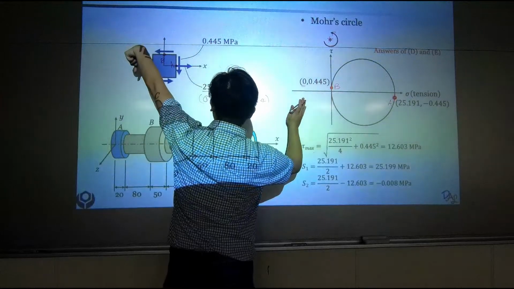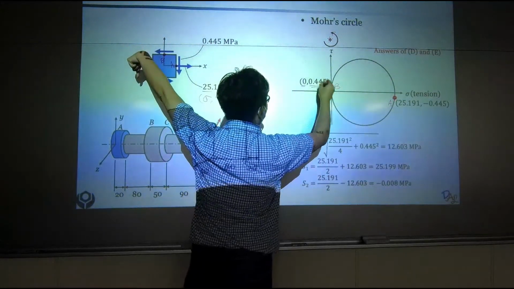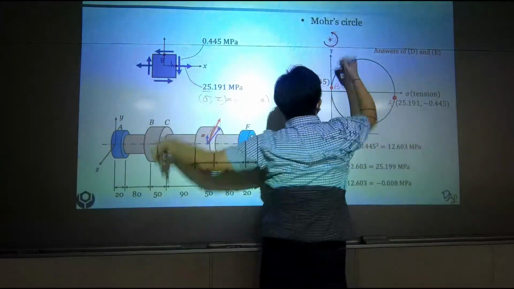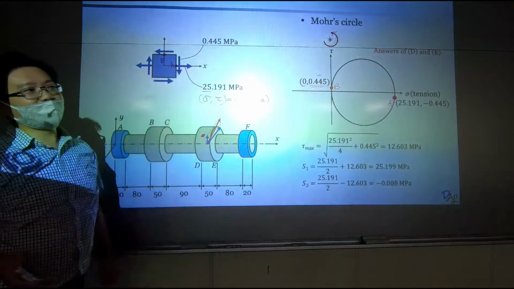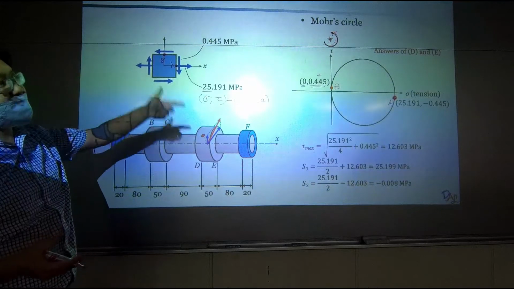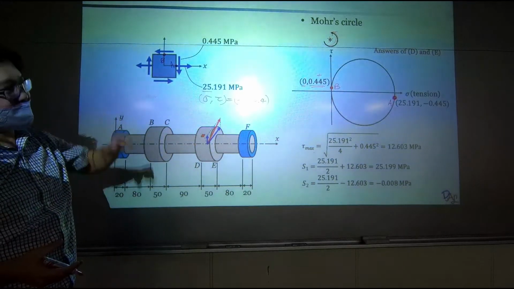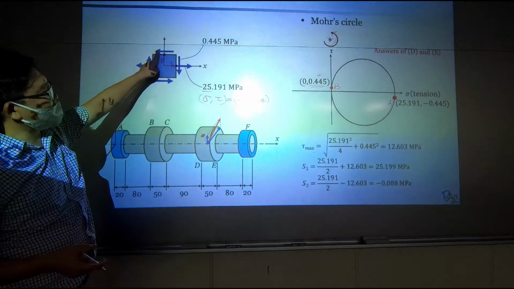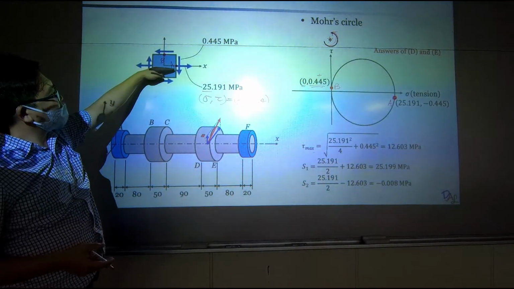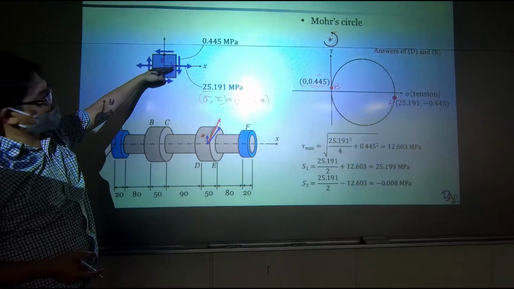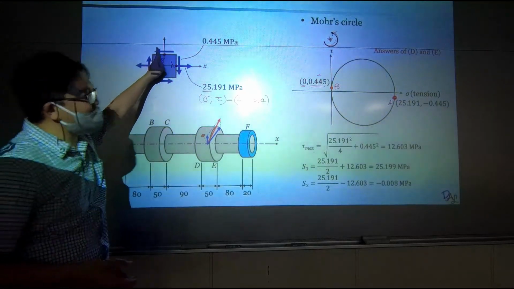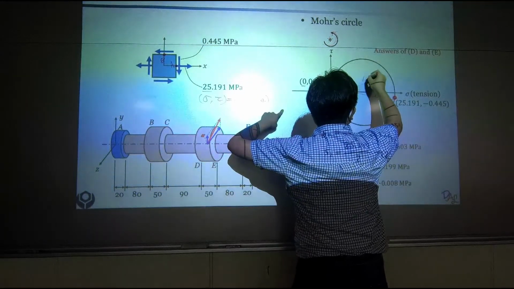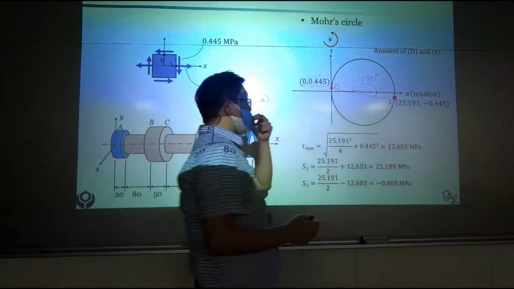This is going counterclockwise, so positive, because in my Mohr circle I'm treating counterclockwise as positive. So once I change my view of observation by 90 degrees over here, I should be making a 180 degree turn in the Mohr circle.